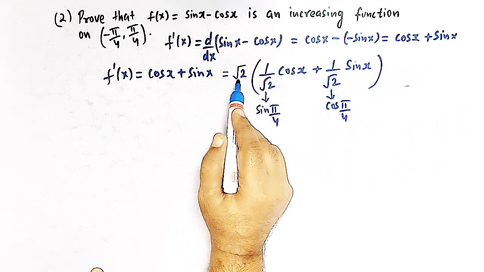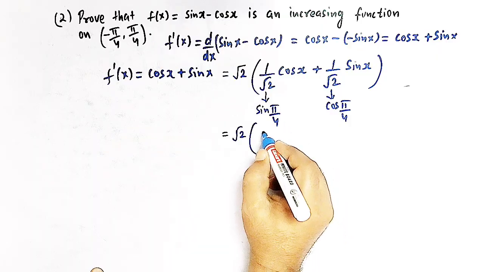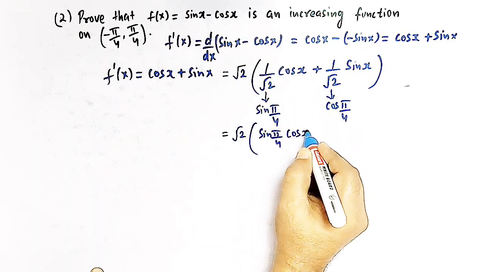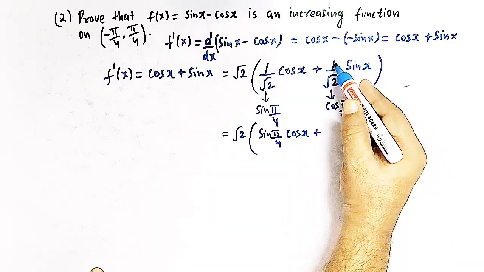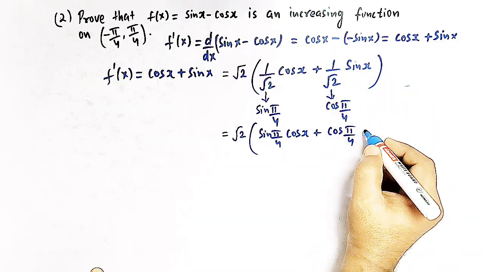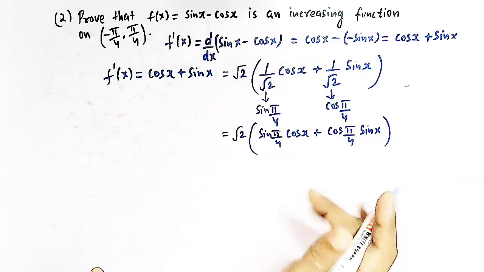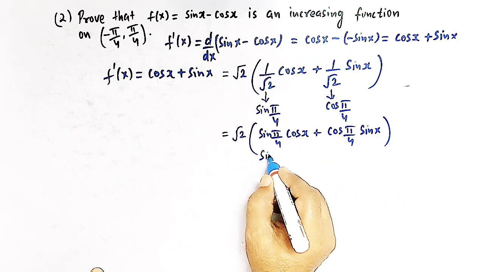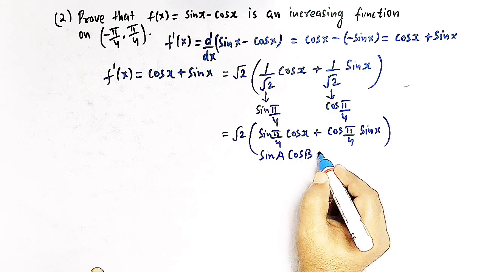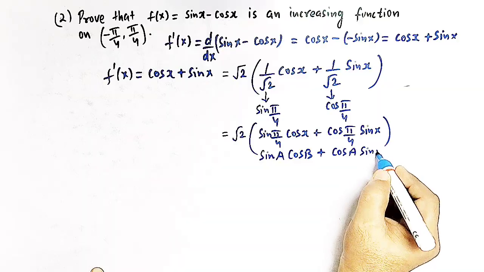So now here we can now write square root of 2, and 1 over root 2 can be written as sine pi by 4. Then here we have cosine x, and then here we write cosine pi by 4, and then we have sine x, right? So now this expression is of this form, that is sine a cosine b, then we have cosine a and sine b, right?